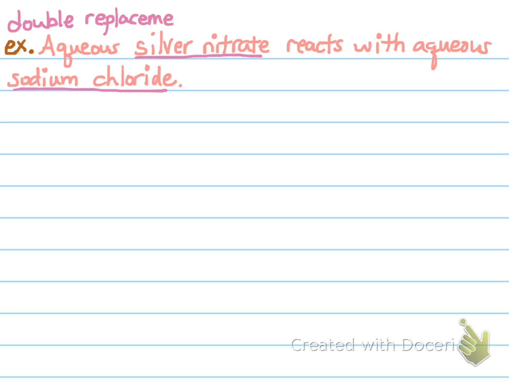Now remember, in a double replacement reaction, the ions swap partners or switch places. So our next step is to take our sentence and make it a word equation. These are both reactants: silver nitrate reacting with sodium chloride.